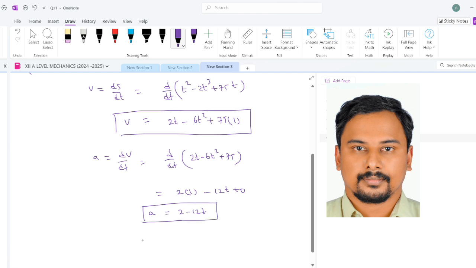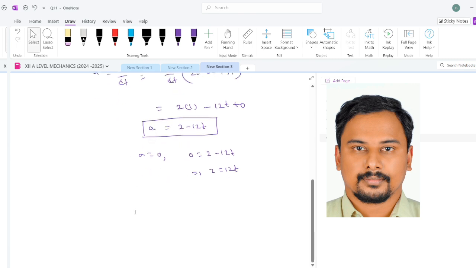So if you take acceleration equal to 0, then 0 is equal to 2 minus 12t. That implies 2 is equal to 12t. So obviously time t is equal to 2 by 12, that is 1 by 6 hours, because they gave time in hours and displacement in kilometers.